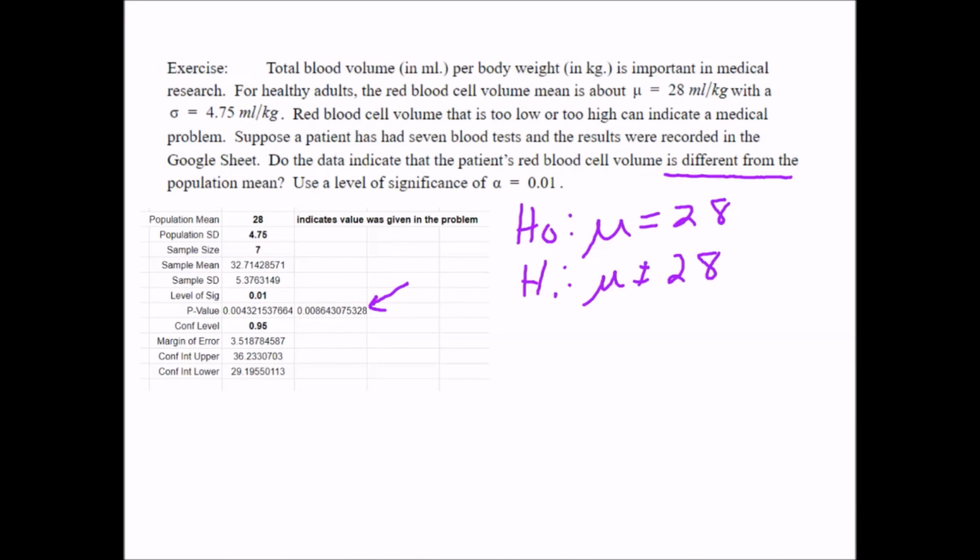Again, the Google Sheet can only go to the right, so we want to go to the right and then double that for either end of the normal curve. In any case, what we found, the p-value of 0.009, I rounded, is less than or equal to alpha, which was 0.01, which means we reject the null hypothesis.